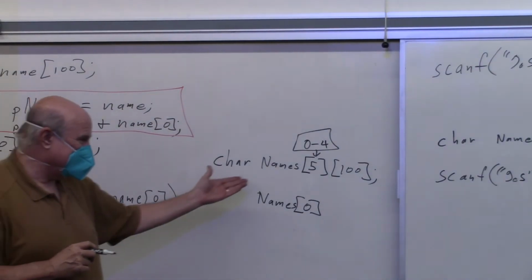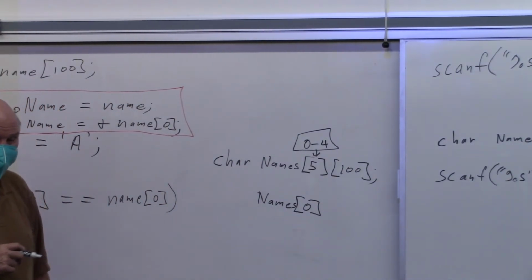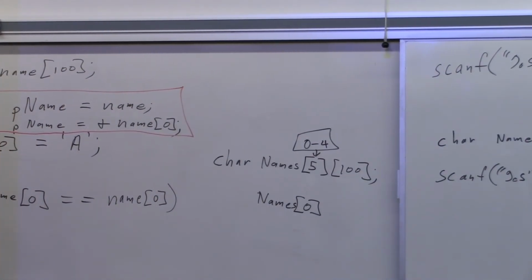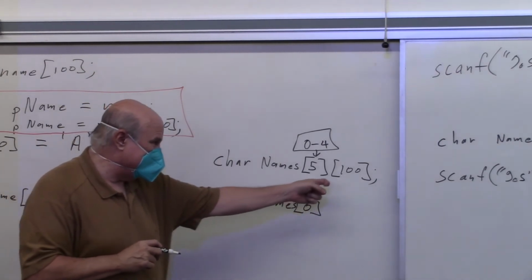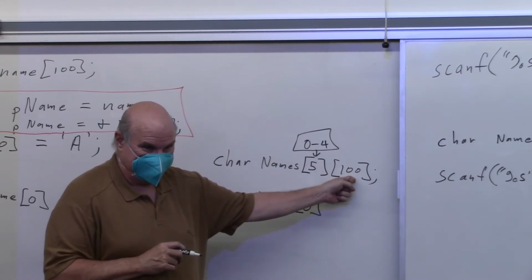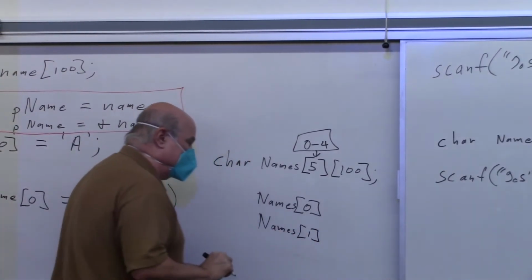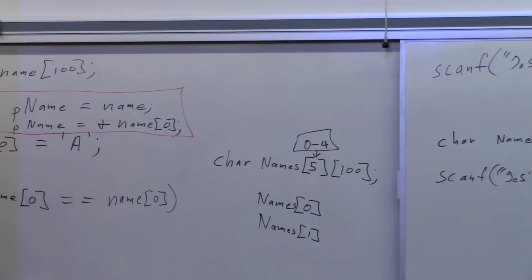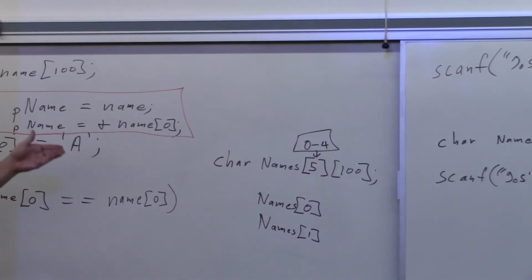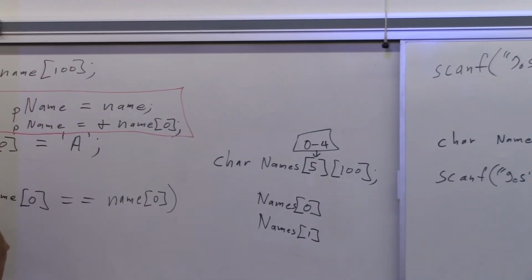Now, when this thing gets allocated by 100, it depends on the operating system how it actually gets allocated. But when you reference it, the reference is consistent. Name sub 0 is a pointer to the 100 characters associated with it. Name sub 1 is a pointer to the 100 characters associated with index 1, which is different from index 0.